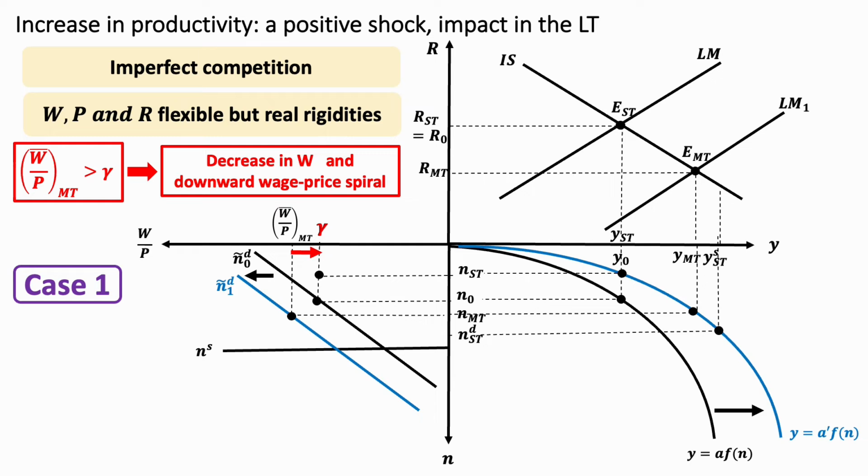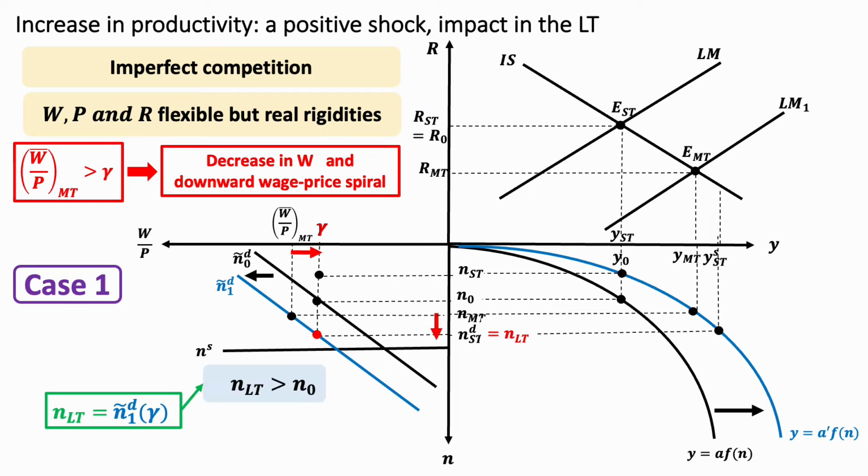When we're there, be careful. We do not come back to the initial level of employment, as we had seen in the case of a demand shock, for instance. In this case, the labor demand curve changed, and the firm would like to use more of these more efficient workers.